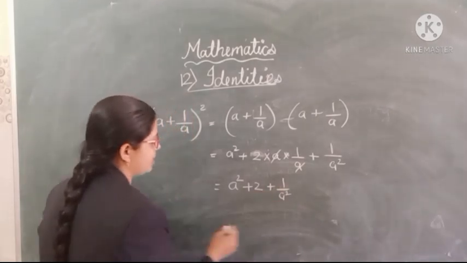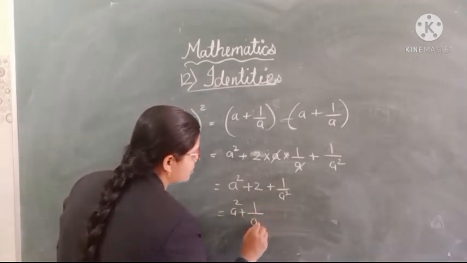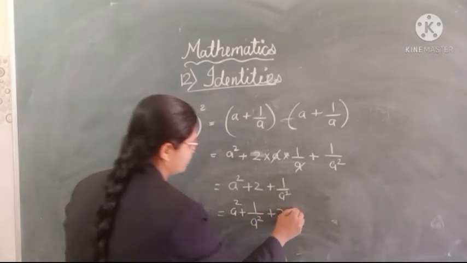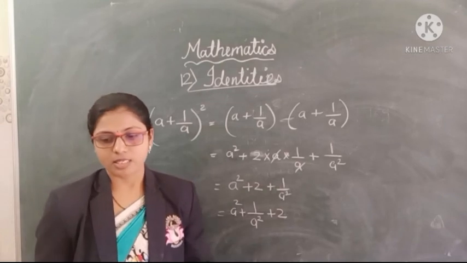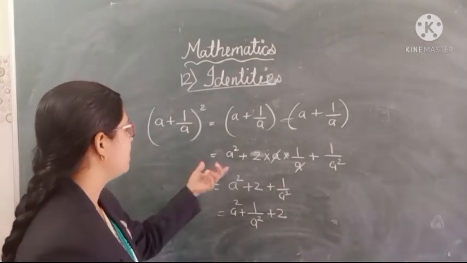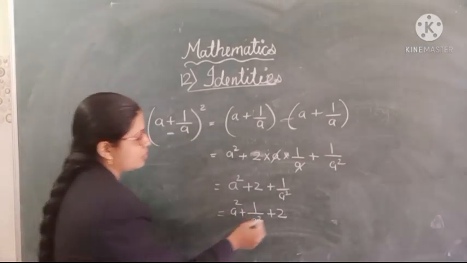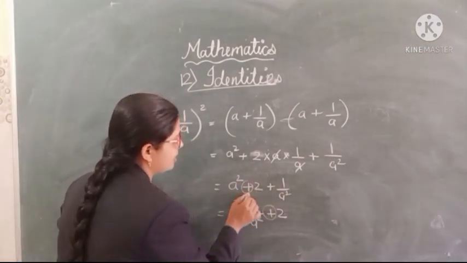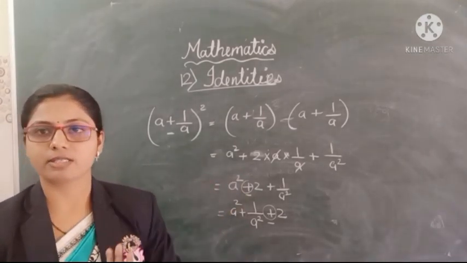We have to arrange it in a proper way. So a square plus 1 upon a square plus 2. In this way you can write down the answer. Similarly, if you are solving for the negative sign, then here the sign will be negative. Only that much difference is there in both cases.